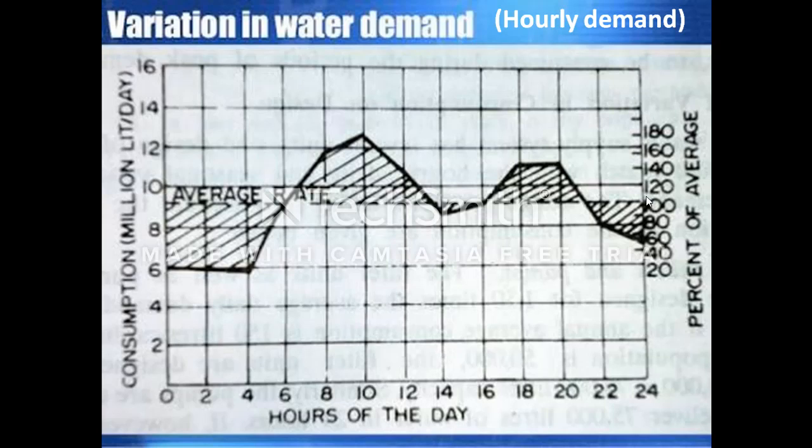You can see it increases up to 8 or we can say 10 a.m., where the peak use of water or peak demand occurs. Again, it decreases as people may be going to offices or workplaces. Then at 4 p.m., it starts increasing up to 8 p.m., then again decreases. The demand of water for the whole day is given in the graph, and the average rate is also shown.